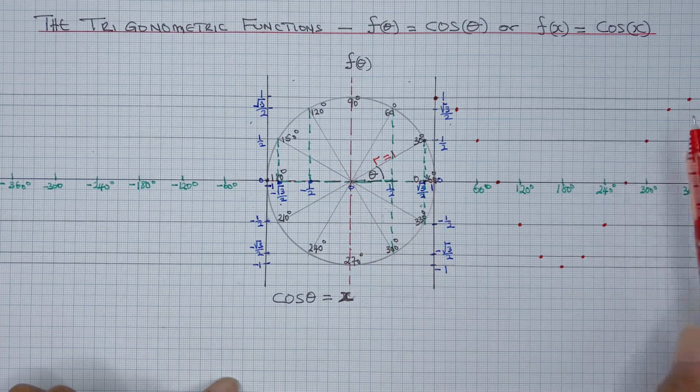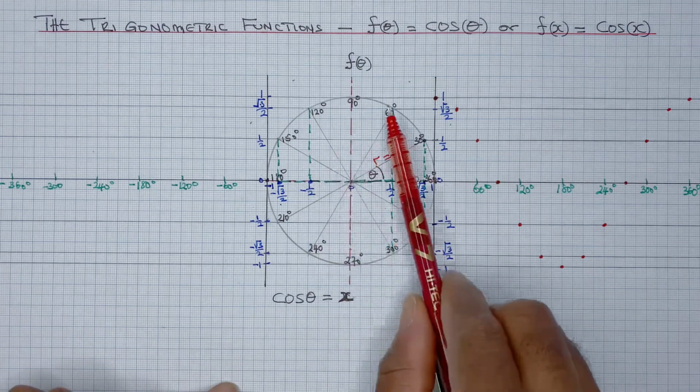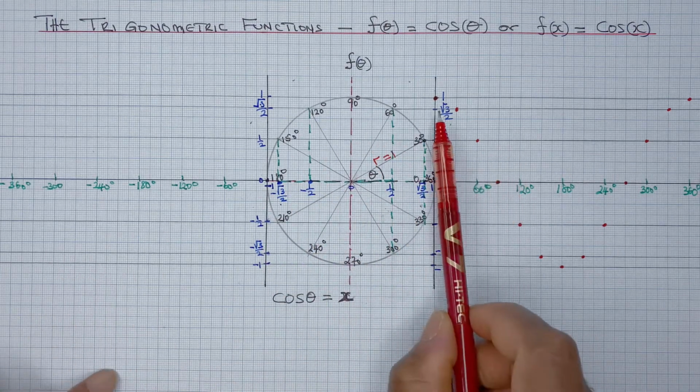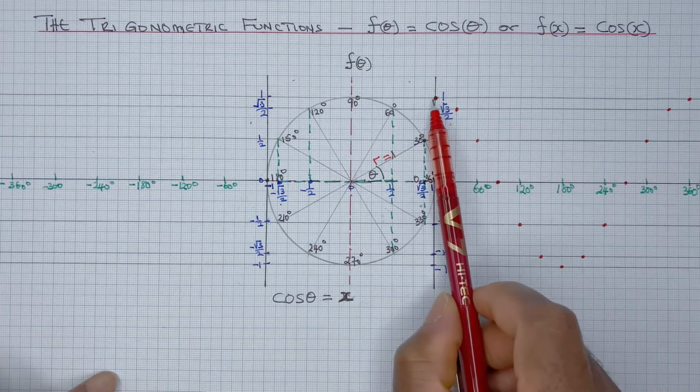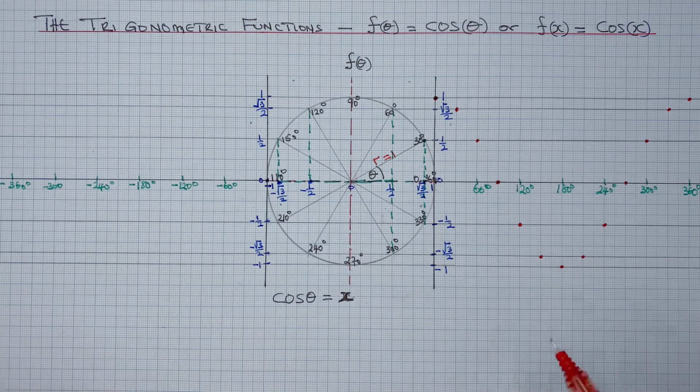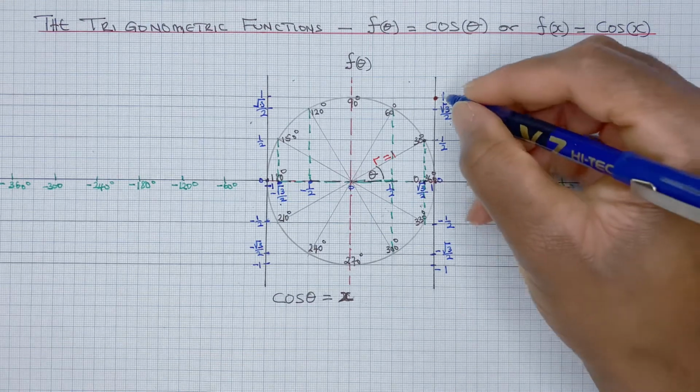So that's what we call one complete cycle. And therefore the length of this distance between this and this is called one wavelength. Let's just sketch the curve here.